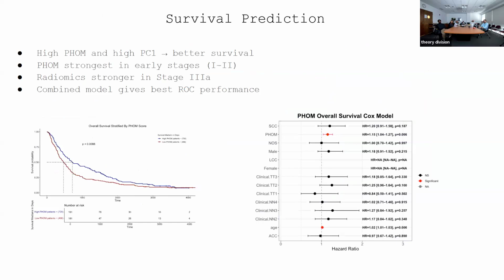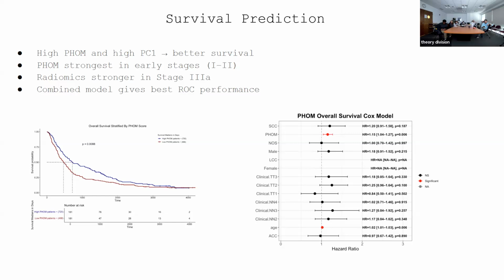Next slide. To run our prediction, we find that high FOM and high PC1 are akin to better survival. We think of high FOM as tumors that are non-fractionated. Low FOM would be tumors that are in pieces, fractionated, non-homologous.